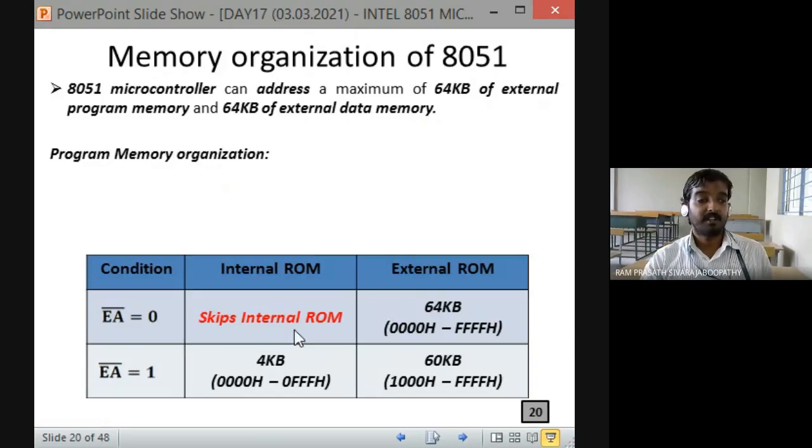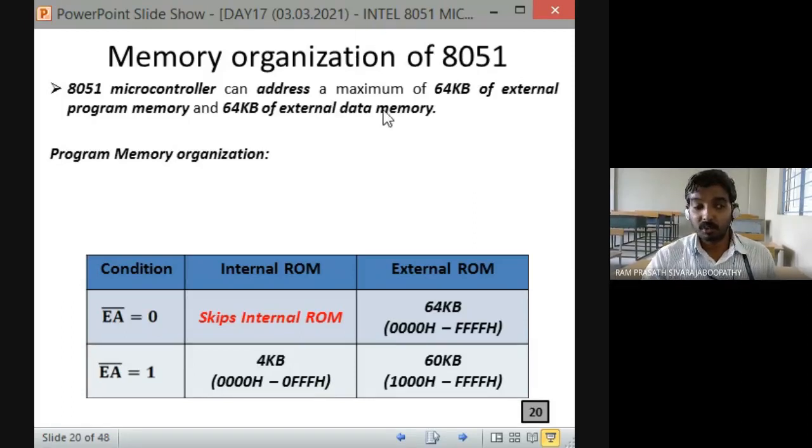So this is the way. Internal ROM: EA bar 0 skips internal ROM. Correct? The entire 64 KB program is accessed from external ROM. If EA bar equals 1, the initial 4 KB is from on-chip ROM, and the other 60 KB, from 1000H to FFFFH, is executed from external memory.